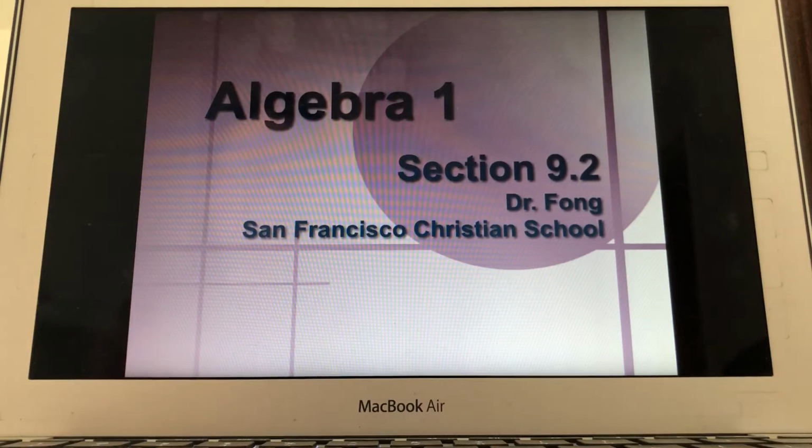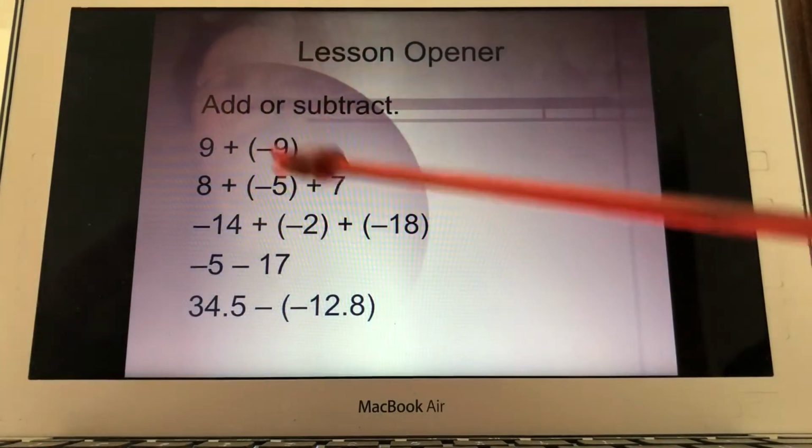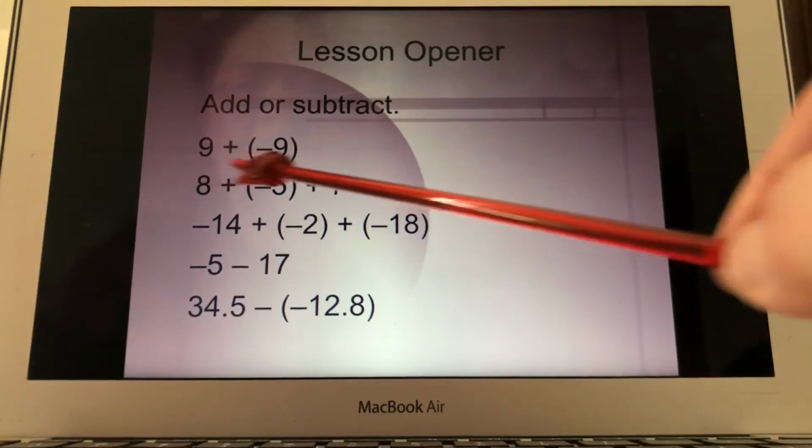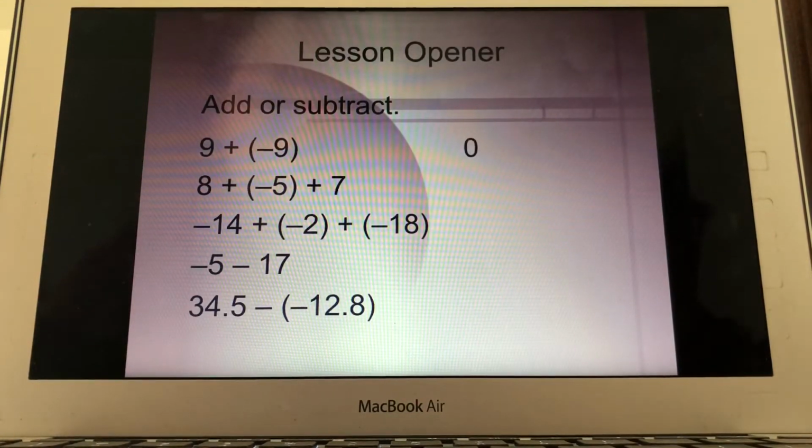Now we are going to continue our work with these polynomials. We're going to add and subtract polynomials. Now, we can very simply add or subtract each of these here. 9 plus negative 9 gives us 0. 8 minus 5, or plus negative 5, plus 7 is 10.